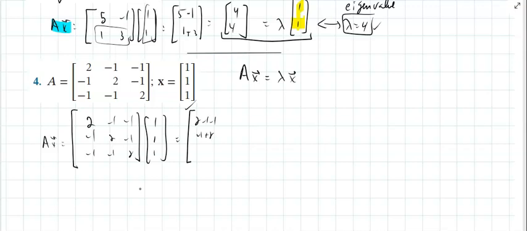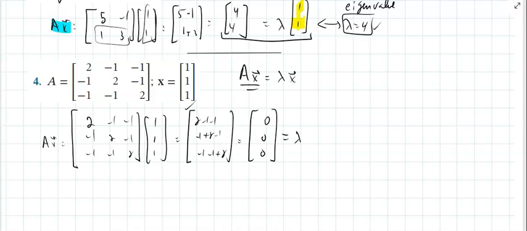That is negative 1 plus 2 minus 1. And that is negative 1, negative 1 plus 2. That's 0, 0, 0. So this is AX.